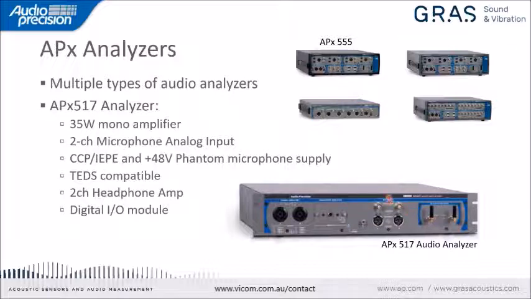The device is also TEDS compatible, so we can use TEDS in the measurement microphones to quickly calibrate the measurement channel. We also have a 2-channel headphone amplifier that we see here. If we happen to want to make headphone testing, it's going to be perfect. Otherwise, it can just be used as another analog output.